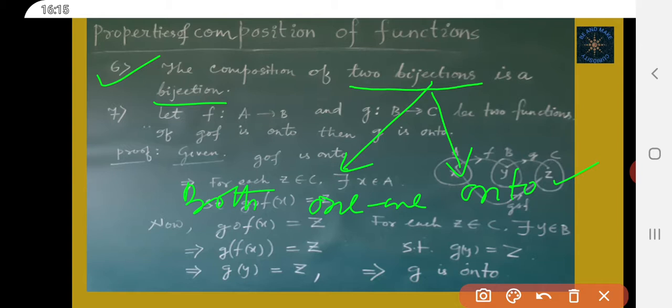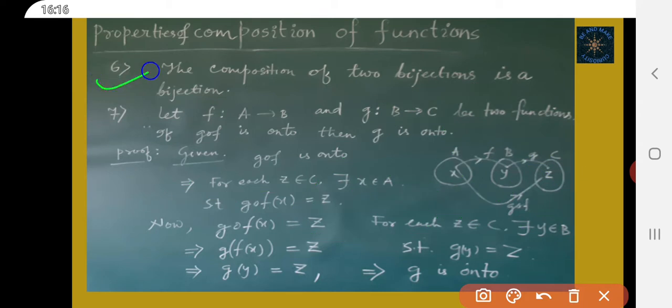So here the function is bijection, one-one and onto. So we can write directly the composition of two bijective functions is a bijective function.